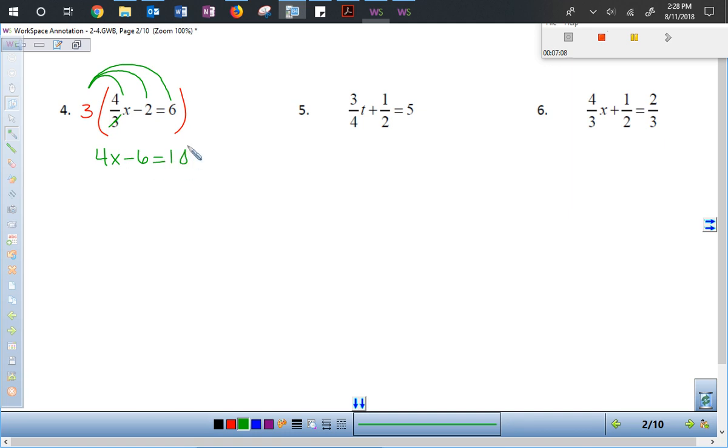Now if you'll notice, this process doesn't make the equation shorter. It really just makes it easier to solve. We're working with numbers that are easier to do in our head. So this is much easier on our brains and less work with our calculator. So I'm going to add 6 to each side. And 4x is going to equal 18 plus 6, which is 24.